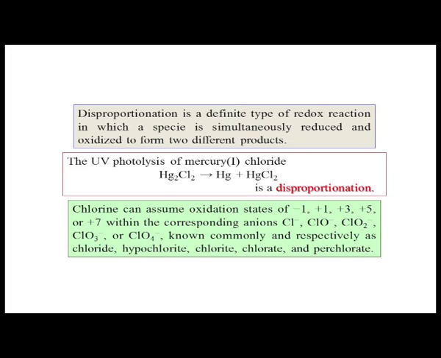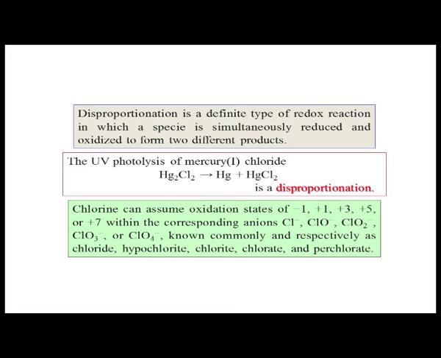So, how can we talk about this reaction? From the left hand side to the right hand side, mercury is present in three different oxidation states. One is mercury in the +1 oxidation state, which is mercurous mercury.